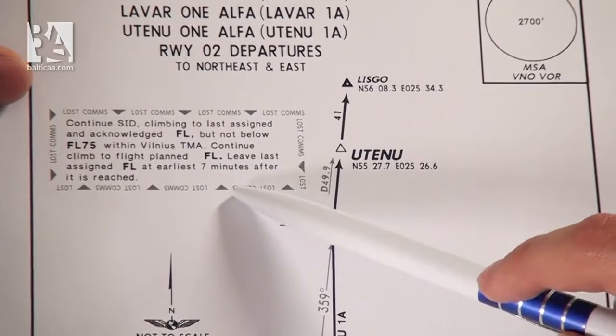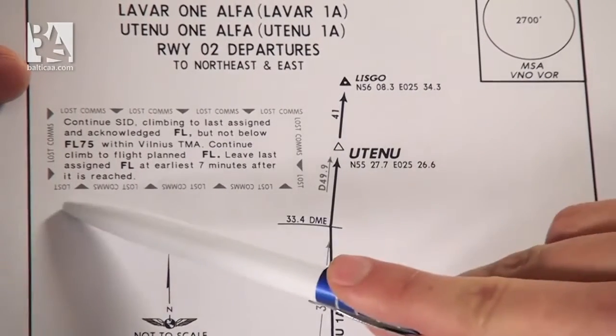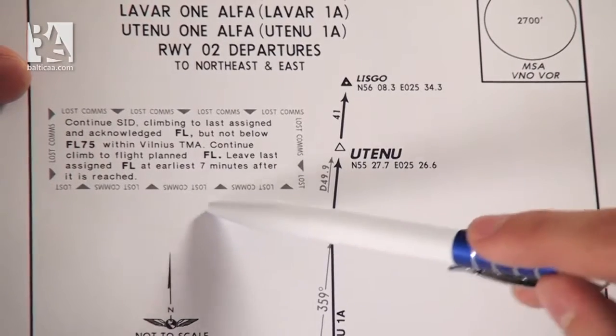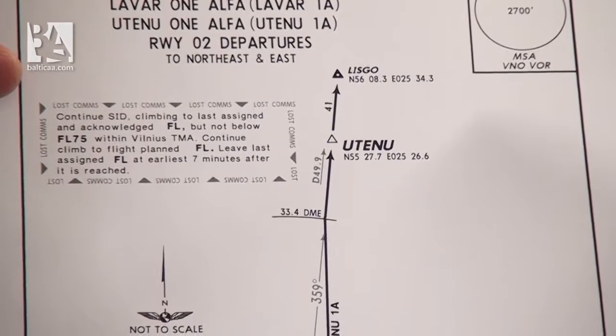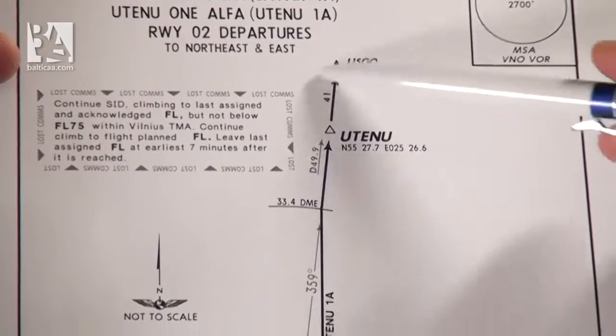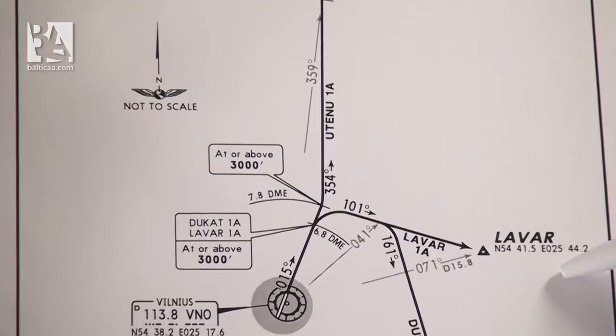Then we have to leave the last assigned flight level at earliest 7 minutes after it is reached. This is so that the airfield air traffic control would understand that we have lost our communications. Below all of that, we have the general map for the standard instrument departures, which is not to scale.